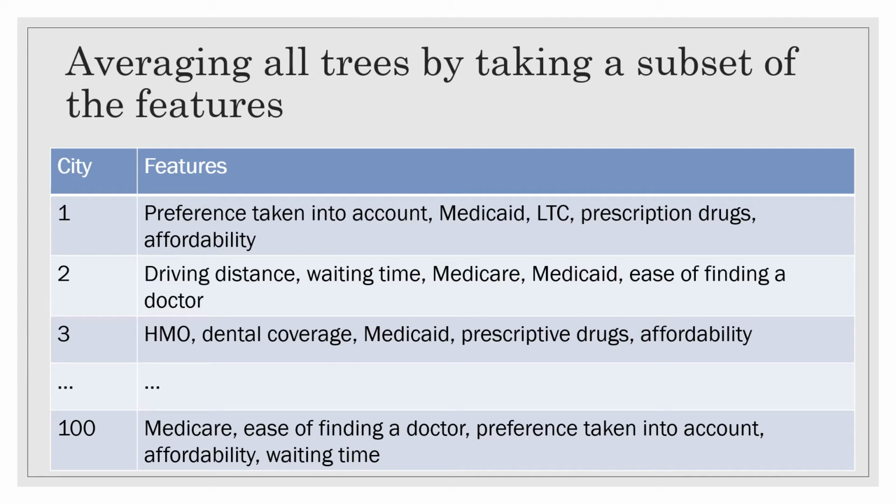And then we send yet a different survey to those living in city number 3 and we ask them how having HMO, how having dental coverage, how having Medicaid coverage, how having prescription drugs coverage, how being able to afford healthcare affects their healthcare satisfaction.